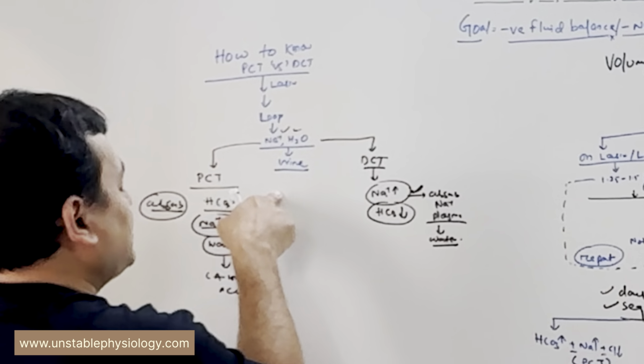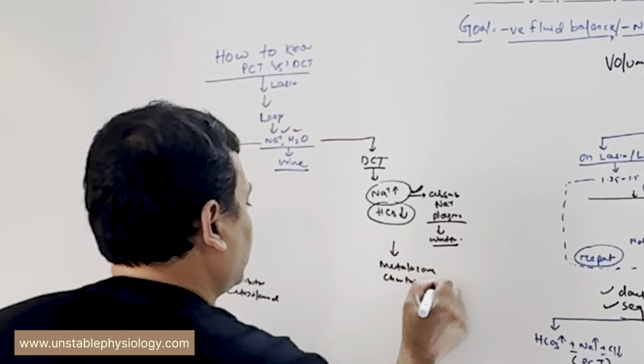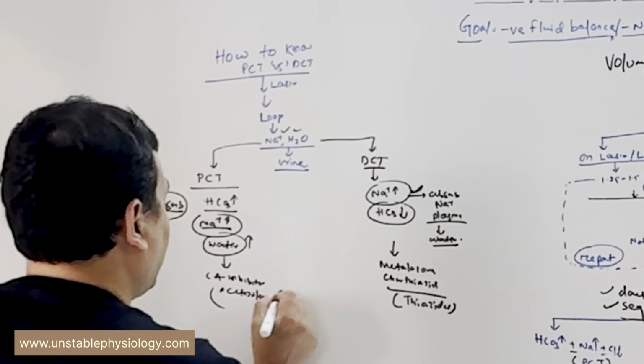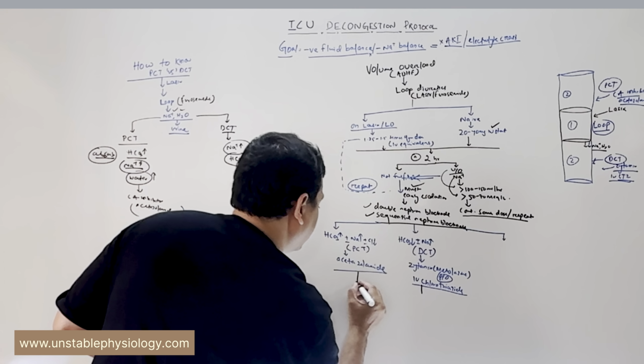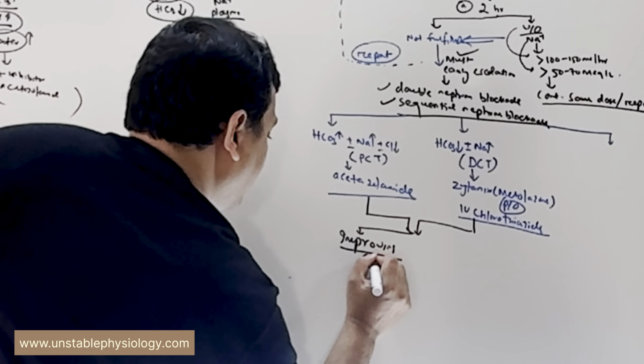So in this situation, you give metolazone, these are thiazides, or chlorothiazide. So these are thiazides, this is acetazolamide, and we are giving furosemide, right? So here two things can happen. Either you give this or this, and the patient may start improving. If improving, continue the same treatment.